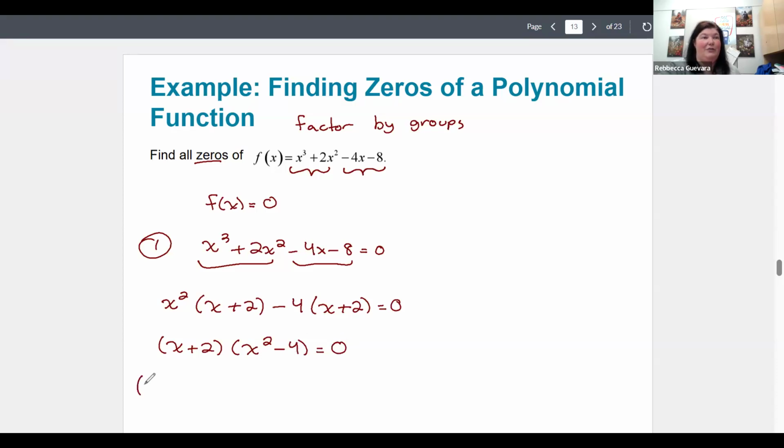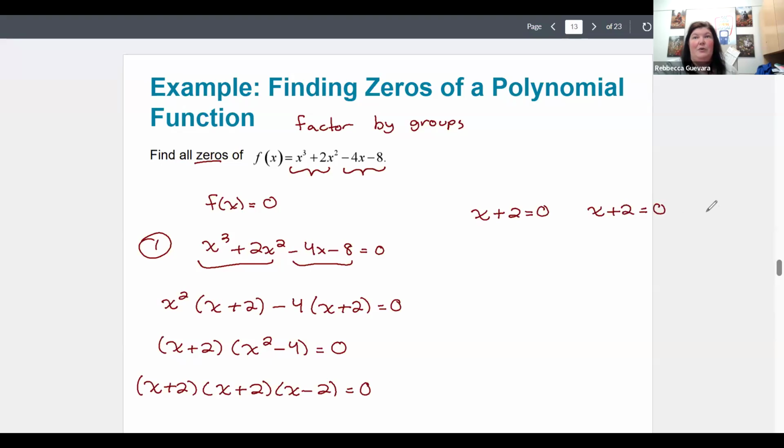And then I can factor that further. This is a difference of squares, so that's going to be x plus 2 times x minus 2 equals 0. This isn't much different than what you've seen with polynomials. What we have here is that either x plus 2 equals 0, or x minus 2 equals 0.